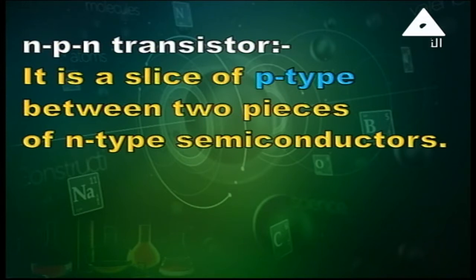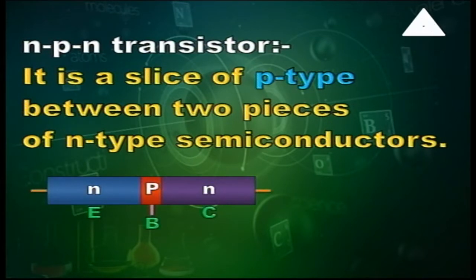It is shown right now on the screen. So the base is made of P-type semiconductor, which is different from the type of the other two pieces. Emitter and collector are made of N-type.